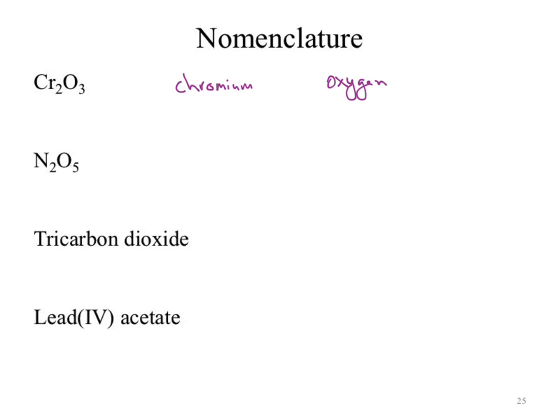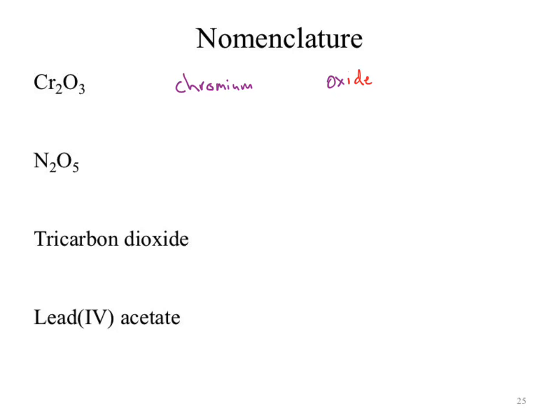So it's not oxygen, it must be changed to oxide. The last element in that sequence, if we're looking at a binary compound, just two elements, we'll always have the suffix change to "ide", always. So I have chromium oxide.